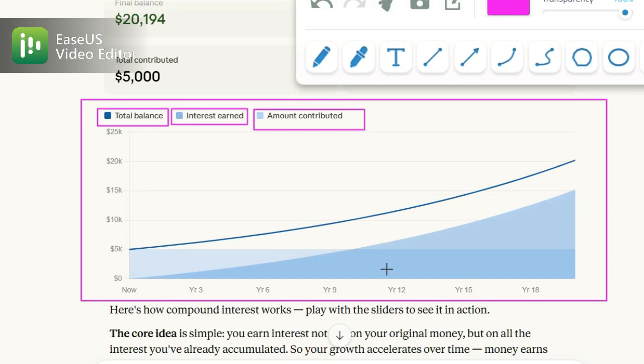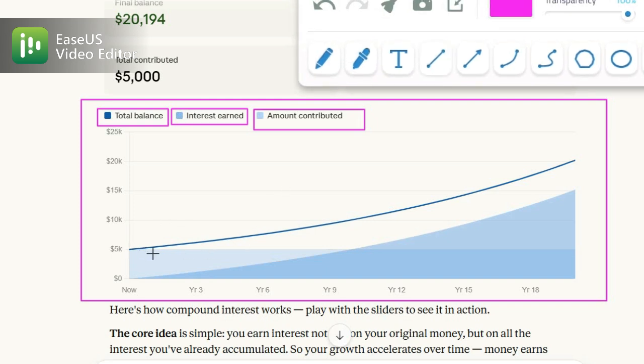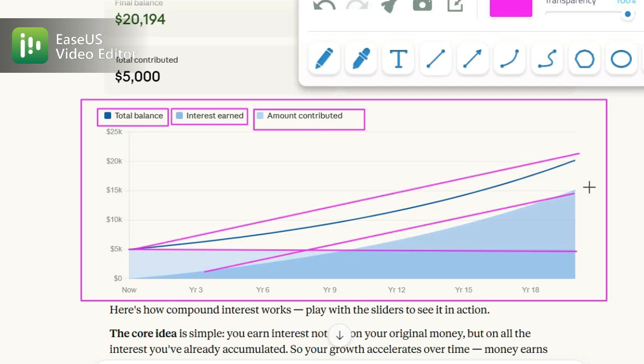You see from this figure, this is your 5,000 contribution, and after that you have the interest earned, and this is your total balance.